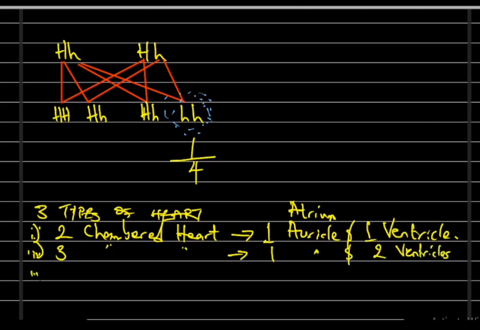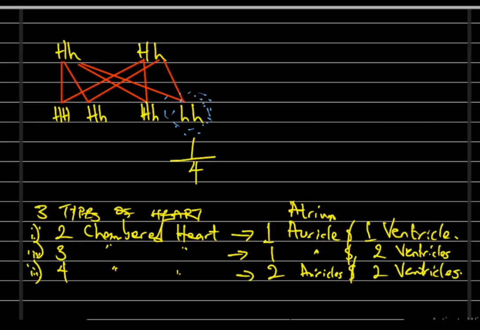And then the third one, we have the 4-chambered heart, where we have 2 auricles and 2 ventricles. For the 2-chambered heart, example of organisms that have it are the fishes.